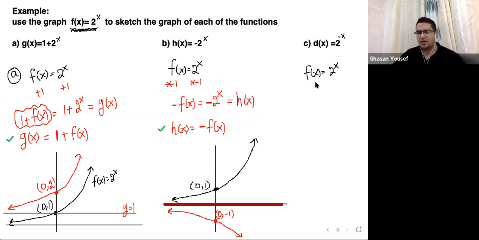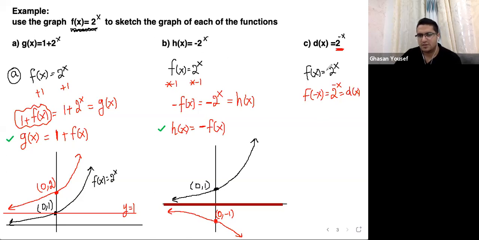Okay, so how can I modify this function to make it similar to this one here? What if I plug -x inside the function? f of -x, what do I get? 2 to the minus x. And 2 to the minus x is the same as d of x.